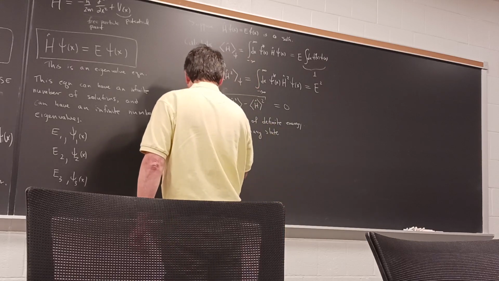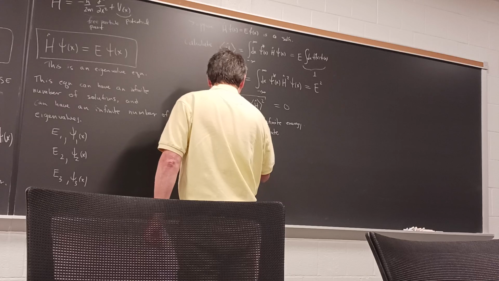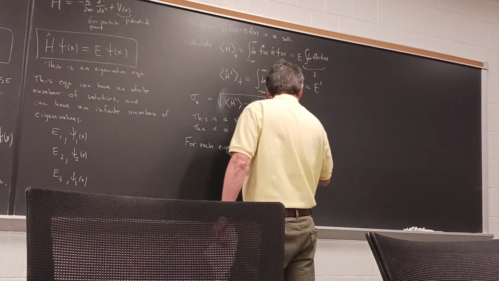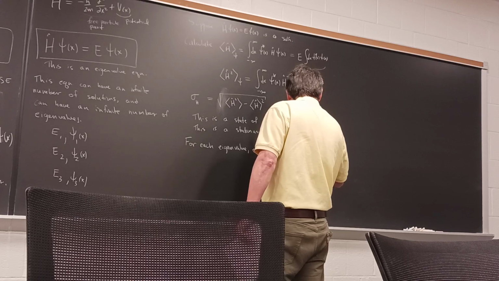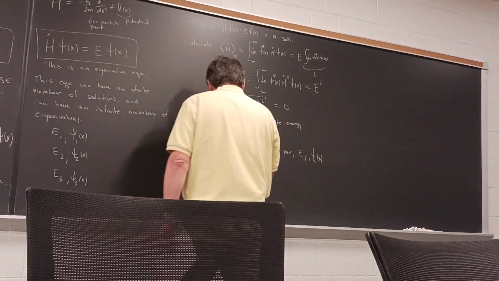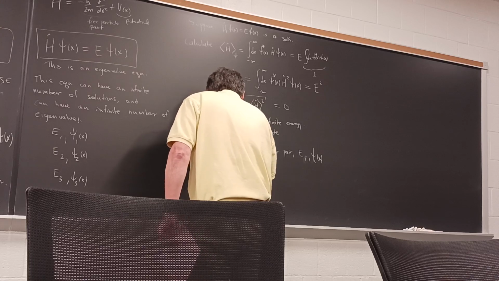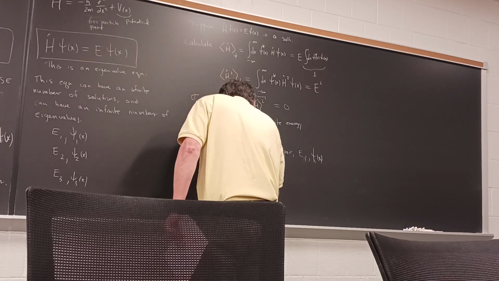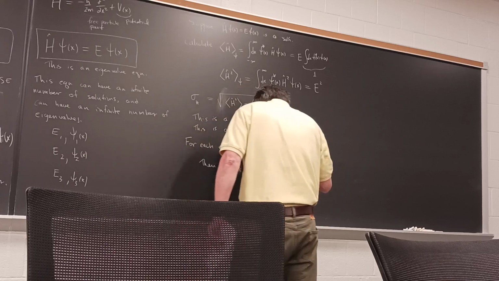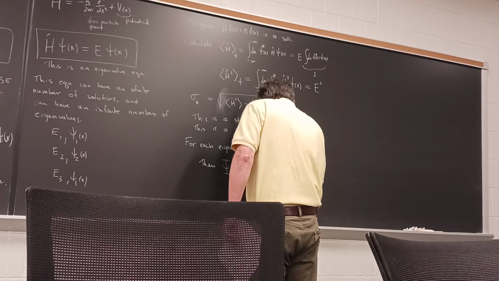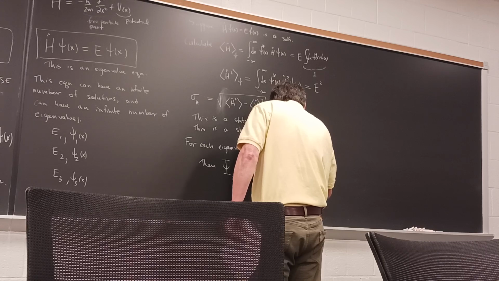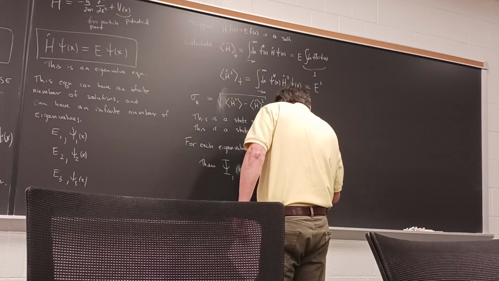So for each pair E_i, psi_i of x, if it satisfies this, then capital psi_i of x and t is just going to be the time part, so we'll have some c e to the minus i E_i over h bar t times psi_i of x.